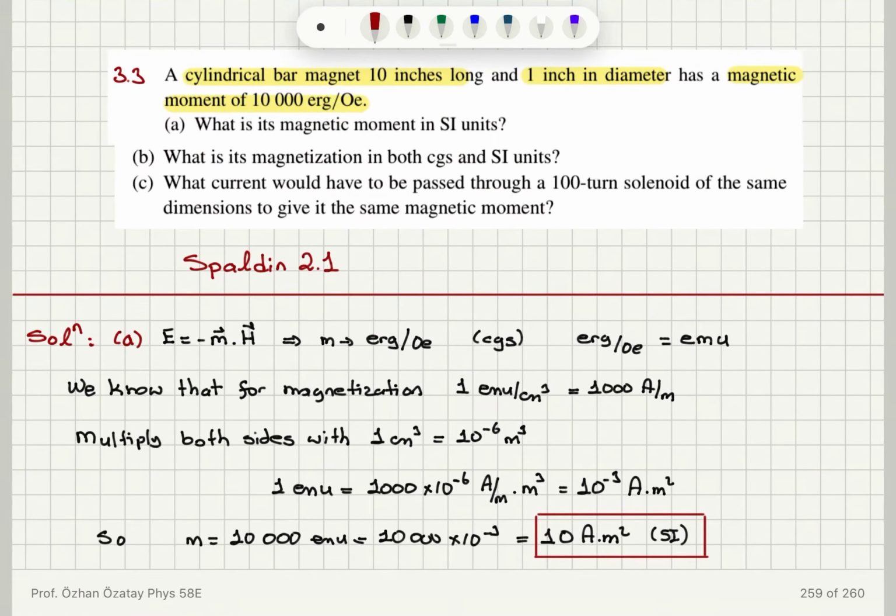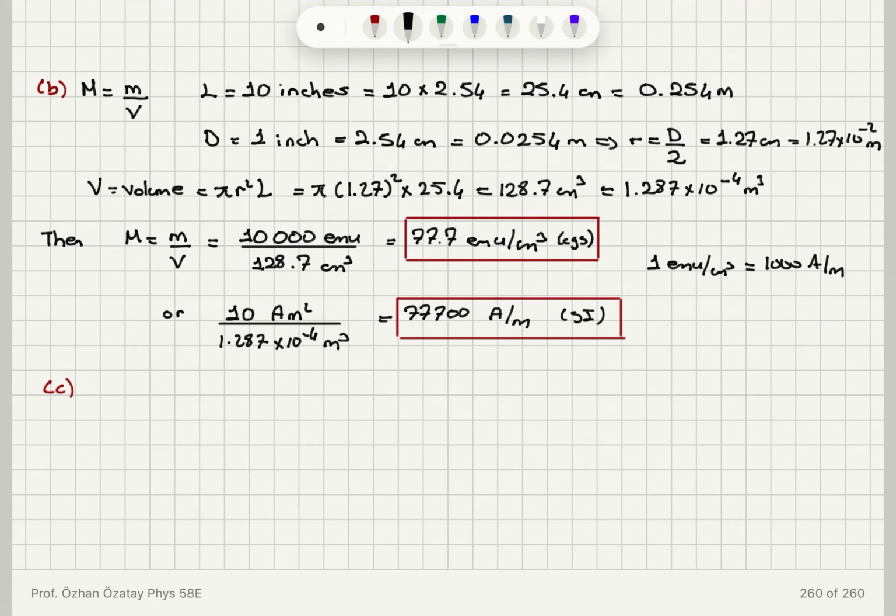And part C, what current would have to be passed through a 100 turn solenoid of the same dimensions to give it the same magnetic moment? So what is the magnetic moment of a 100 turn solenoid? The magnetic moment of an n equals 100 turn solenoid, we can calculate it as the total current n times I times the area.